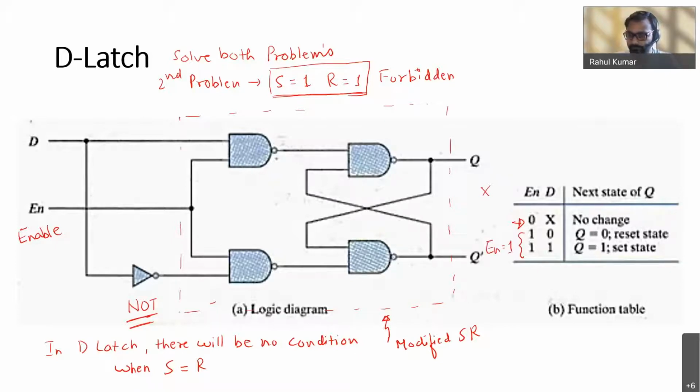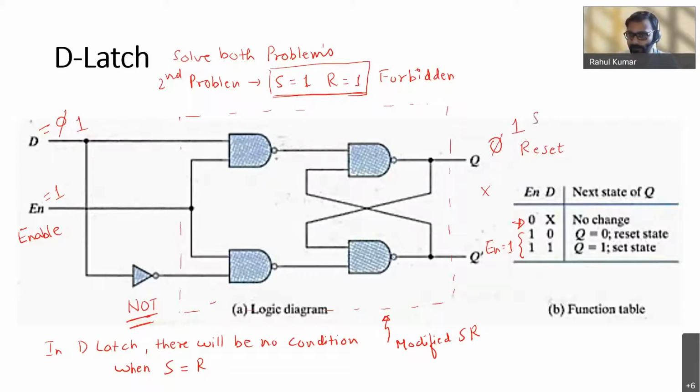So when the enable pin is 1 and your D input is 0, the output Q will be 0. That is your reset state. Okay, and when your D input is 1, then your output Q will also be 1.